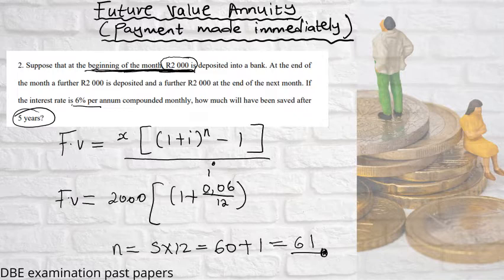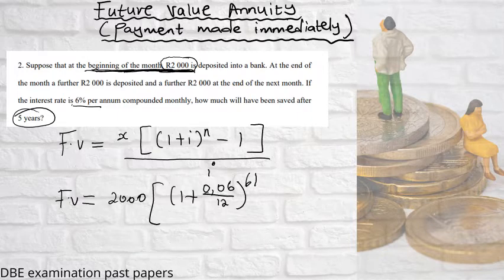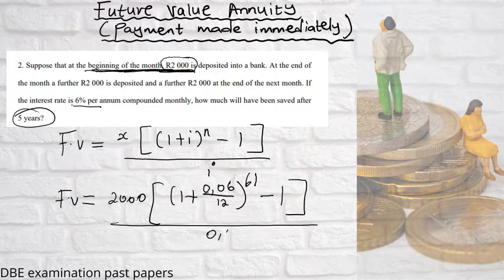Then your number of payments will be 61. So that's it. It's 61. Where there is N, just put 61 minus 1, divided by interest 0.06 divided by 12. Don't forget. So just calculate using our calculator and see what's the correct answer.